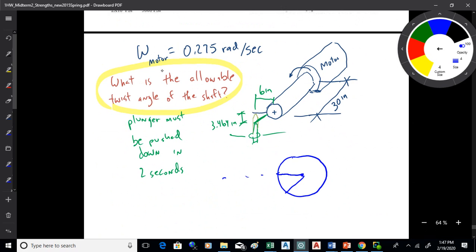That's got to be 30 degrees here. Look at what the back does. It's more than 30 degrees, right? What you want for the twist angle is the difference. That's how much the shaft can twist, and it'll still do the job. Okay? So that's the twist angle.